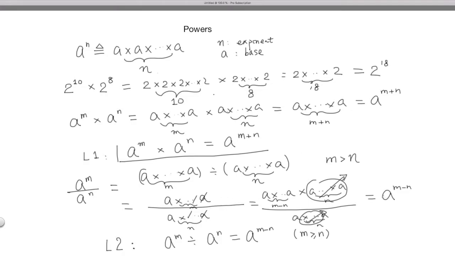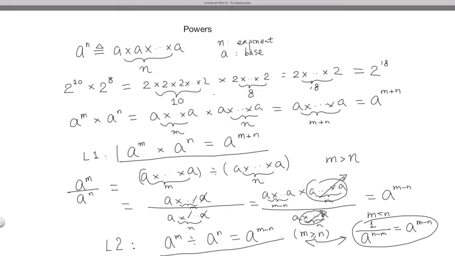If m is less than n, then this whole thing equals 1 over a to the power n minus m, and that's going to be the same as a to the power m minus n as well. So this formula is going to be true no matter whether m is bigger than n or m is less than n. This is law number 2.